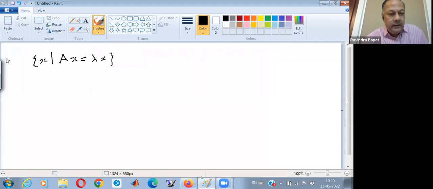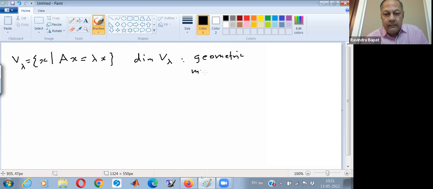If you want, you can call it V lambda. Then the dimension of V lambda is called the geometric multiplicity of lambda. So that is one kind of multiplicity, geometric multiplicity.